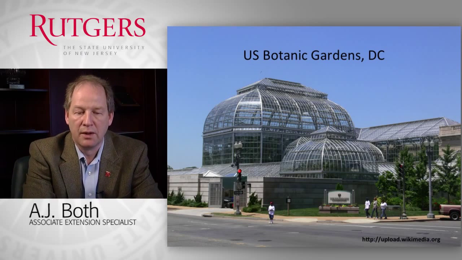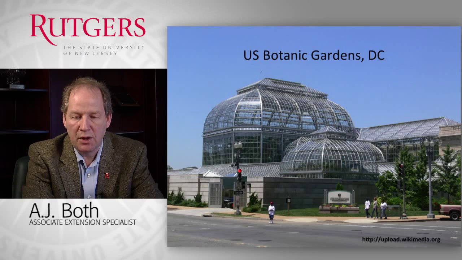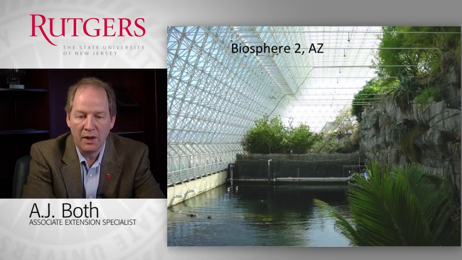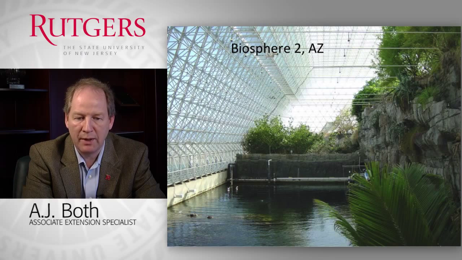Another different type of greenhouses are greenhouses designed as conservatories, and here you see an example of the U.S. Botanic Garden in DC. And then we have highly specialized greenhouses like the Biosphere 2 in Arizona that was designed to maintain different ecosystems to try to simulate the biosphere as we know it on Earth.